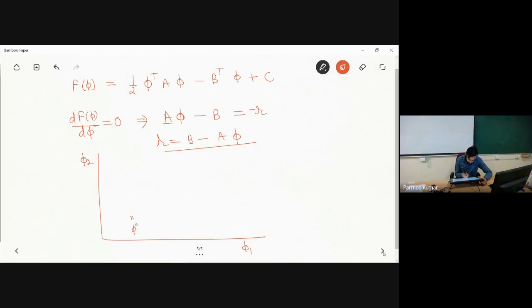Corresponding to phi0, if this is the direction of the residual vector R0, in which direction will I be marching my solution? The direction in which I march my solution is nothing but the gradient of f, and we have found that the gradient of f is nothing but minus of the residual. So I have to move my solution in the direction opposite to where my residual vector is pointing.